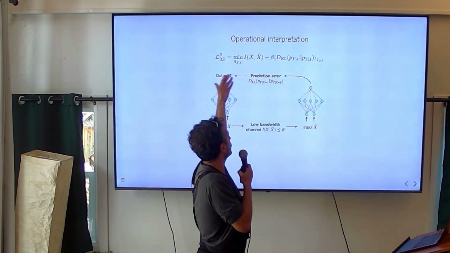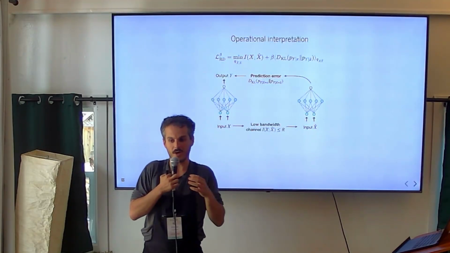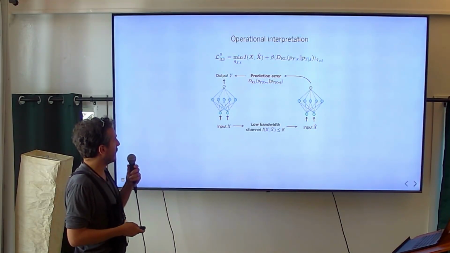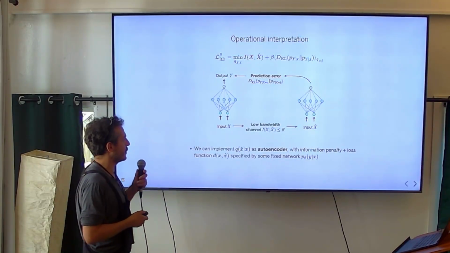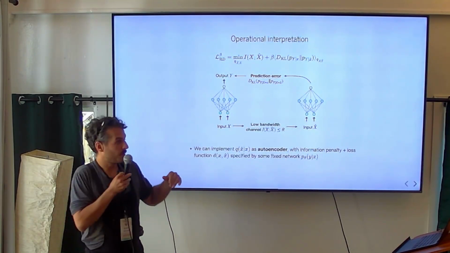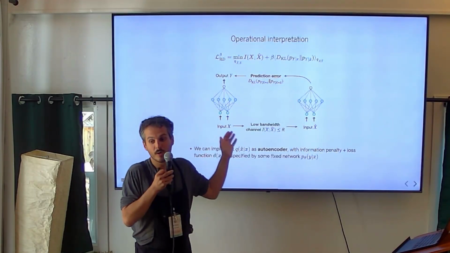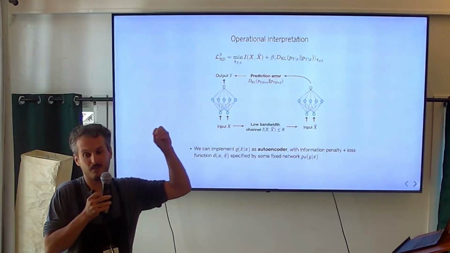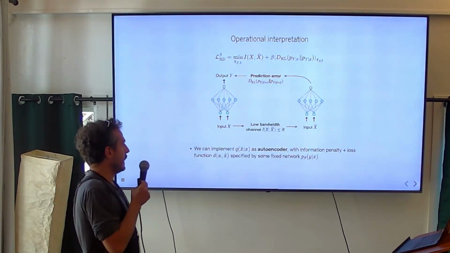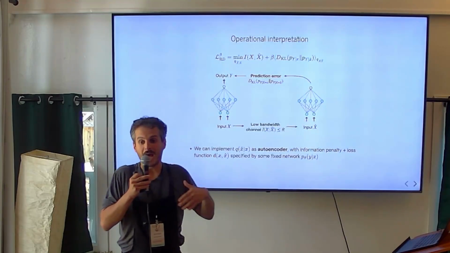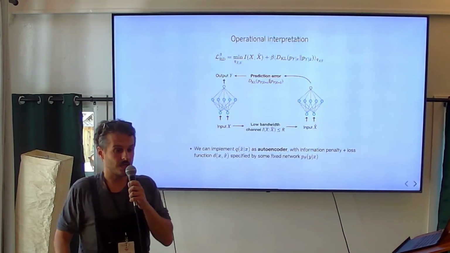What we want is to minimize the prediction error made by that copy. We can also think of this as a kind of autoencoder. We're autoencoding inputs to inputs, but the cost function is given by prediction error on some other fixed network, and we want to penalize the information passed through the intermediate representations of the autoencoder.